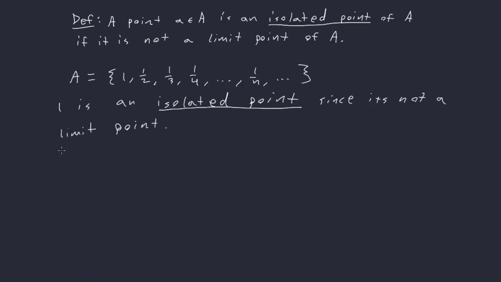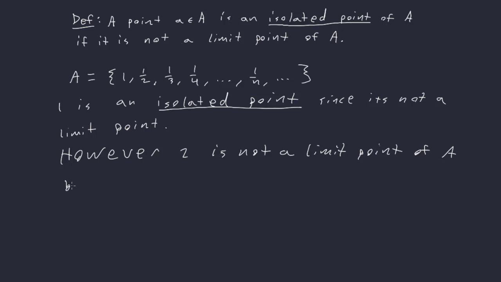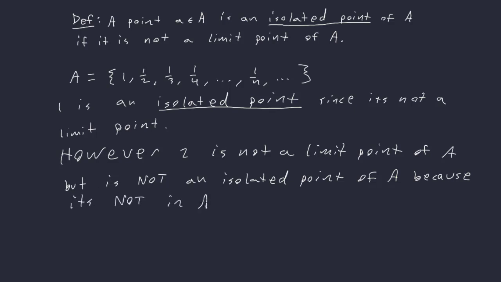However, and this is a big however, 2 is not a limit point of A, but it's not an isolated point either, because it's not in A. You can only be an isolated point of A if you're in A. Hopefully that makes sense.